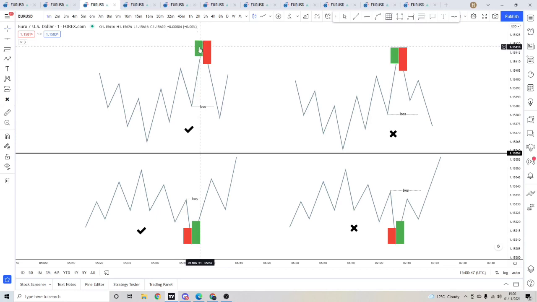The reason for that is it shows us that there are enough sellers to take out the demand. If this is going to come back and be mitigated, this is where the push has started from, so they're going to come and get more orders.